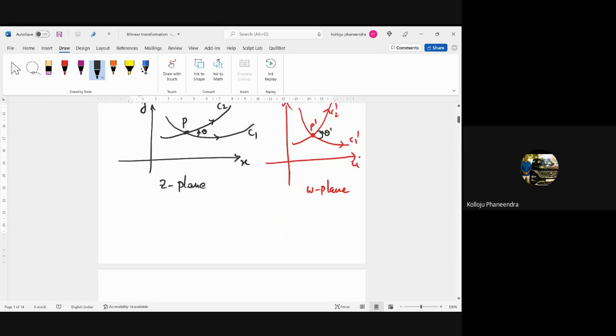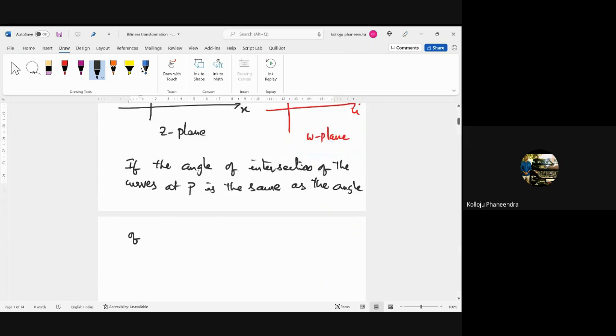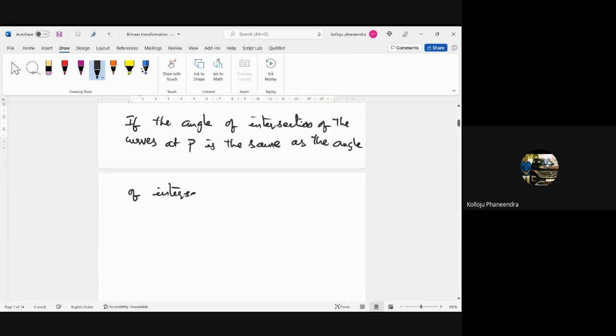Let us see. Let me complete the definition first. If the angle of intersection of the curves at P is the same as the angle of intersection of the curves at P dash, both in magnitude and sense.